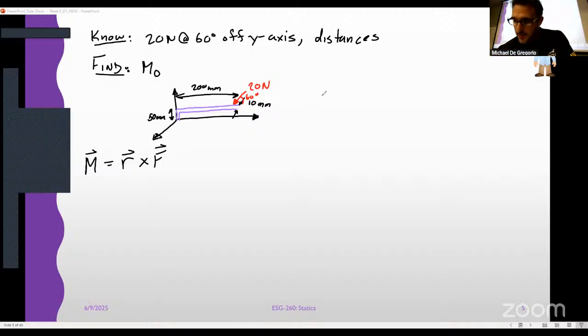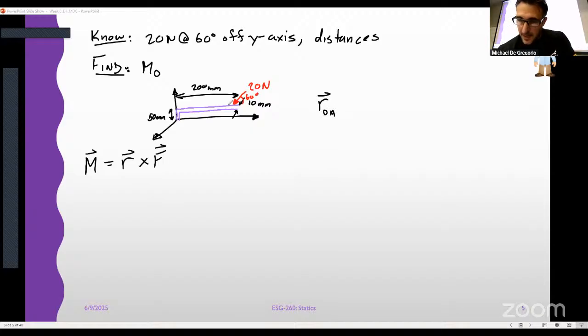All right, so if I'm going to do it that way, I need R, let's call it O to A, because this was given as point A, and that's point O, which means I've got some vector that takes me there that we're going to call ROA. And ROA in the x direction is negative, because even though I didn't label them, in my brain they were labeled.